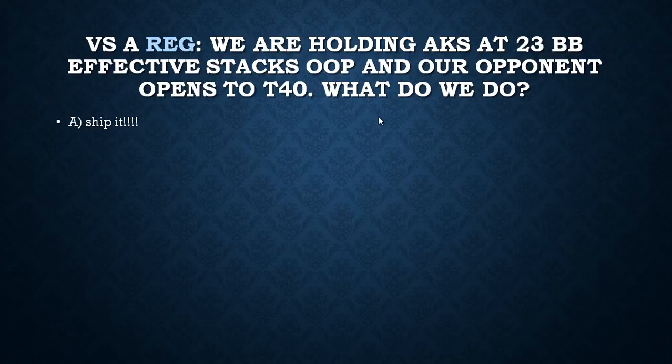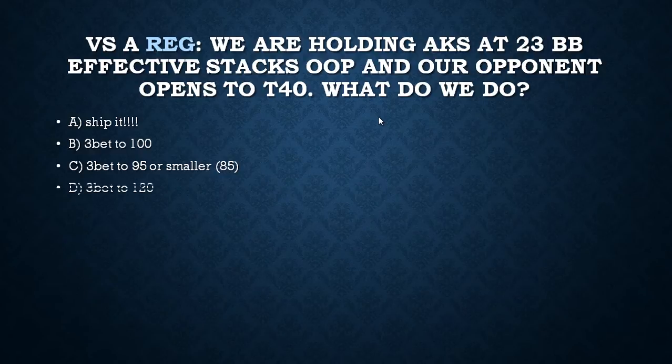So is it going to be A, ship it? And when I say ship it, I mean get it all in, baby. Is it going to be B, 3-bet to 100? Is it going to be C, 3-bet to 95 or smaller? And when I say smaller, I mean 85. That's probably as low as one should go.